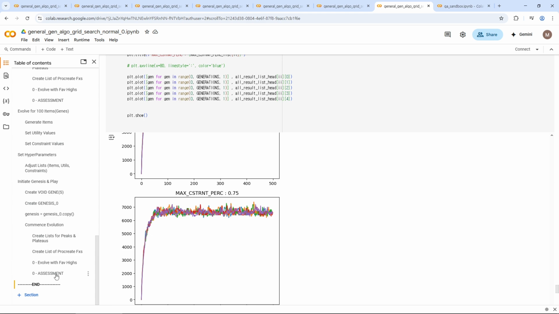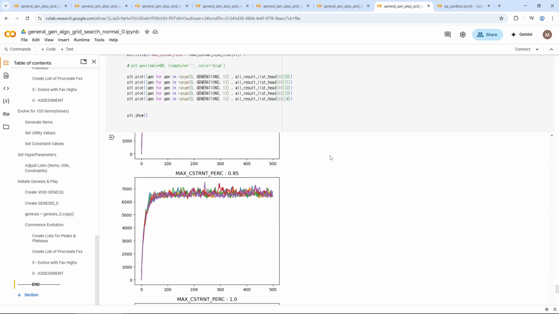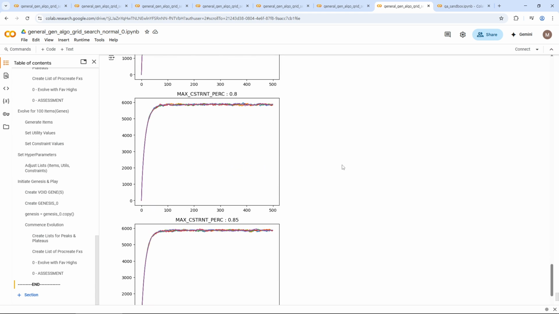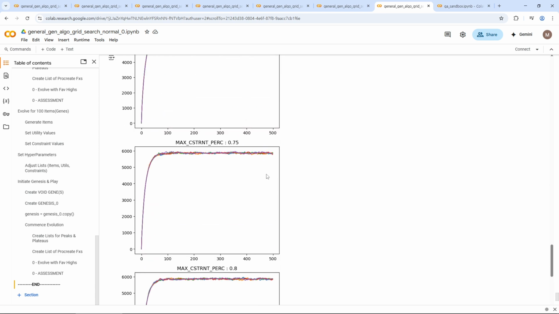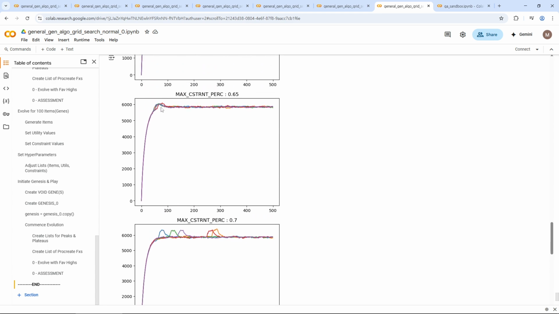Never. And so when we go to the plots for the top 10% over here, that also didn't happen. The plateau is still at 6,000. However, it did peak over here at 65% or 70%.